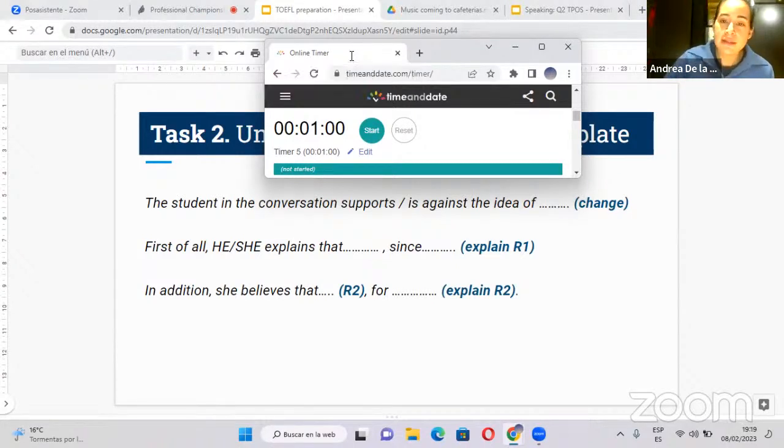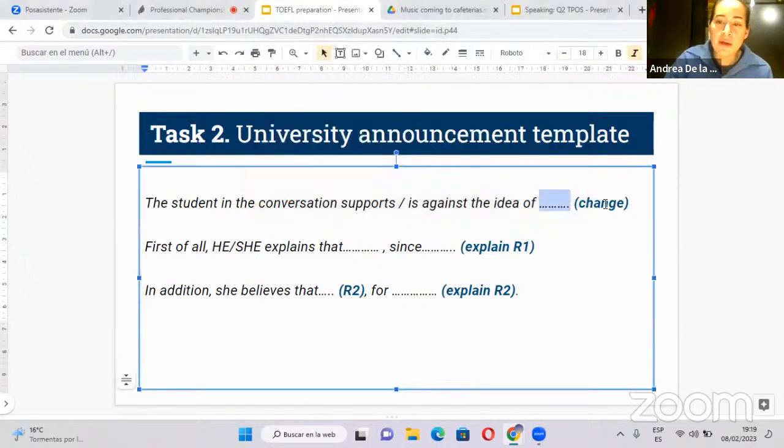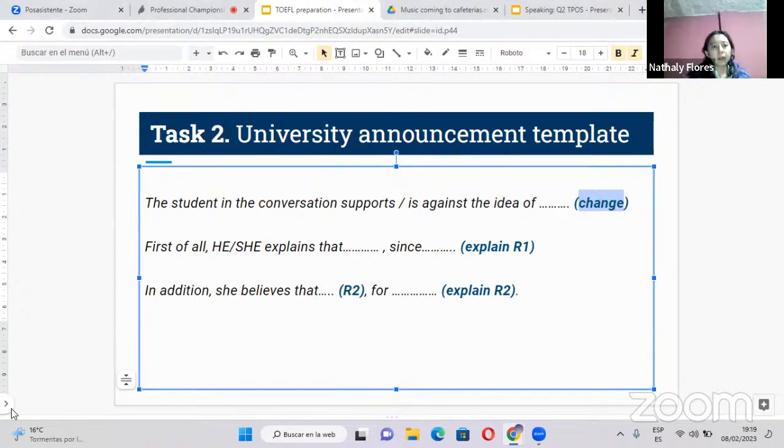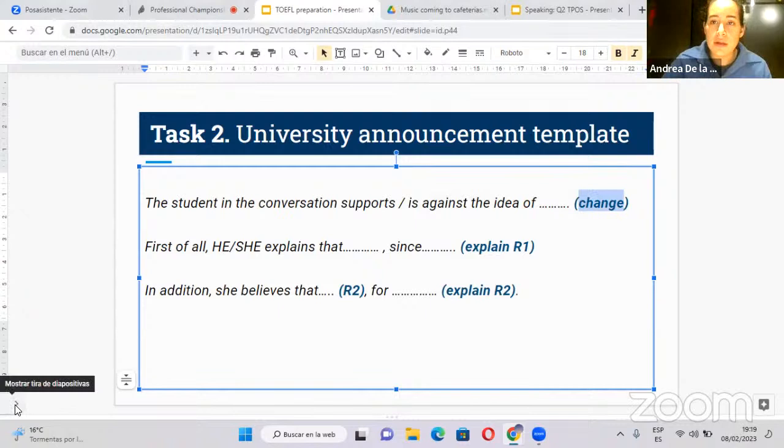First one is careful in the introduction, right? Here, when you have to put the change in there, always make sure that it's a verb with ing, right? We said yesterday. So the student is against the idea of, what would it be? Broadcasting? Exactly, yes, that's a good word.